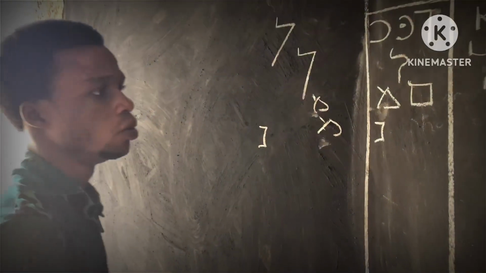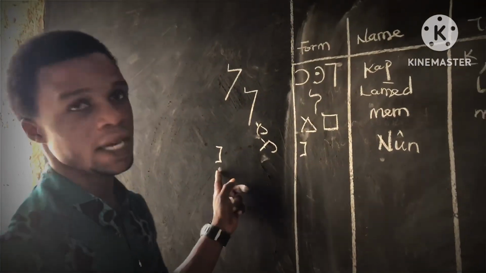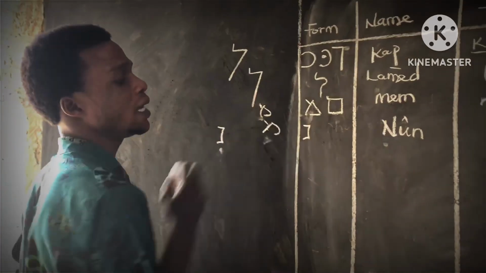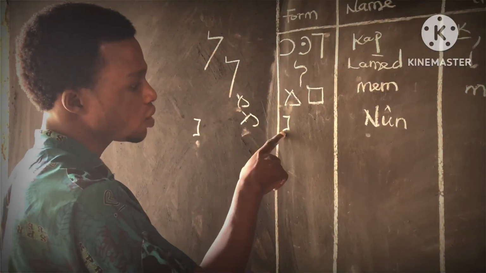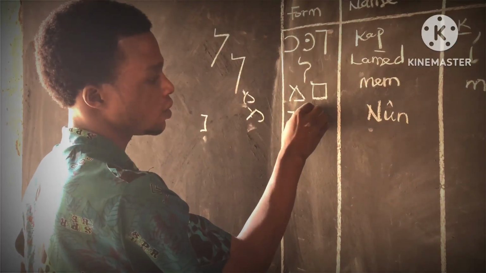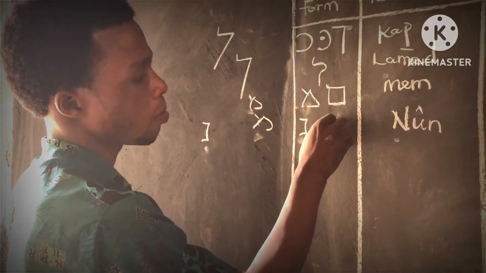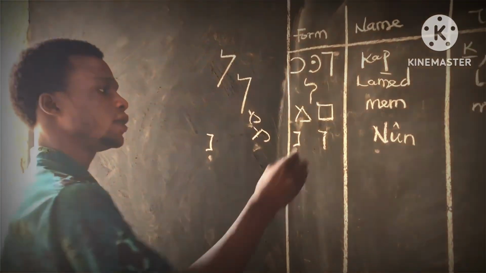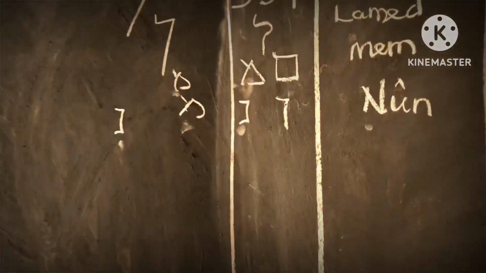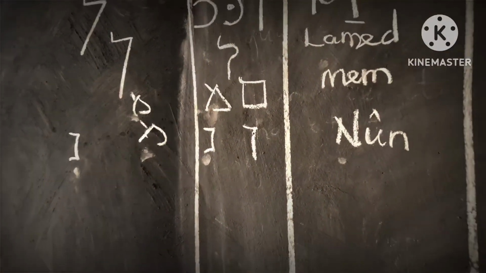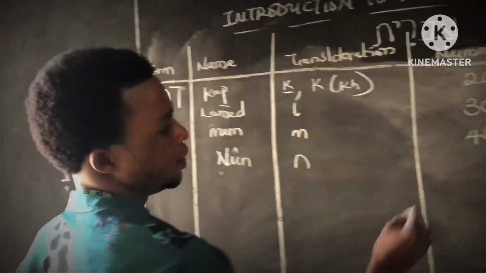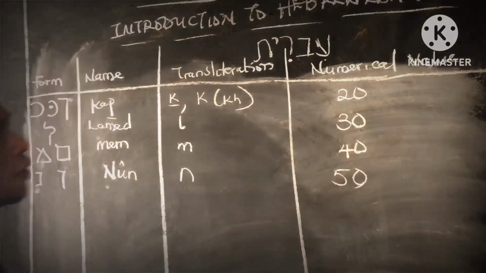That is when it appears at the beginning or at the middle. But when it appears at the end, this will now become straight. We will remove this, and have it as this. Nun simply means N, and it is number 50.